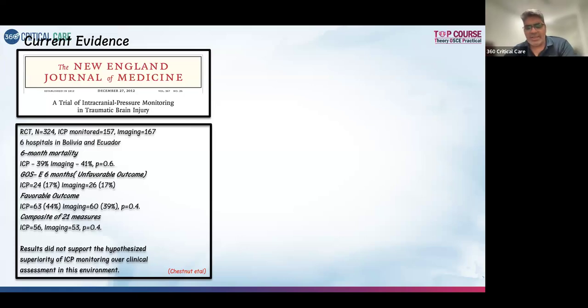But whatever literature we have is a randomized trial which looked at ICP monitoring and management accordingly versus usual radiological monitoring and management accordingly, and did not find any benefit. But they found that ICP was within 22 for a longer period of time in patients who were monitored, because they had a monitor and were treated for it.